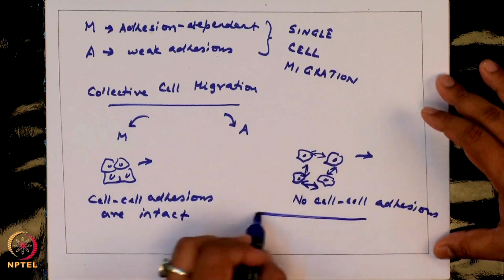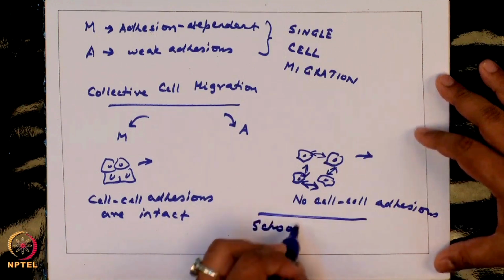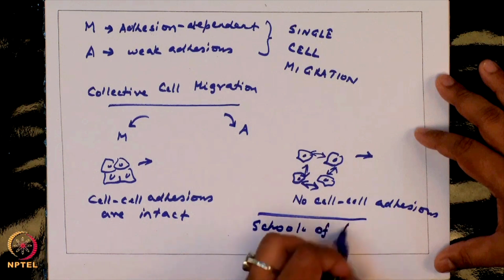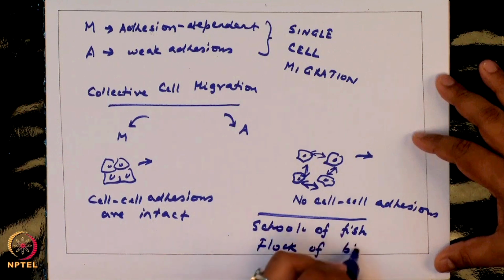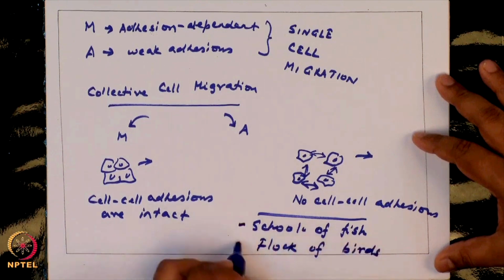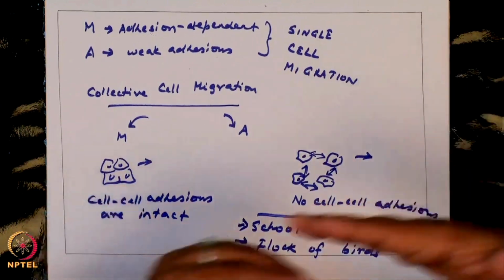At the macro scale, look at a school of fish or a flock of birds. Again you have multiple entities which migrate together, yet they do not clash into each other. So there is some spatial signaling which regulates the spacing between each other.